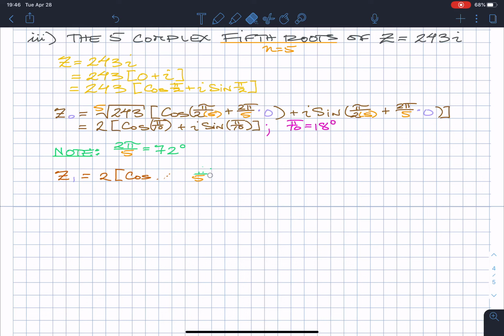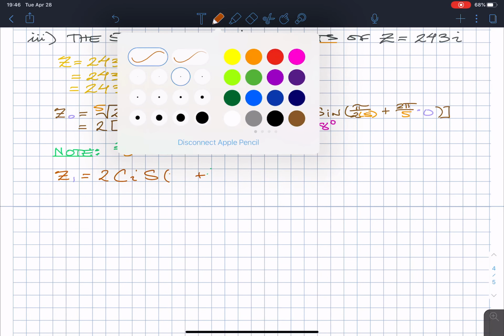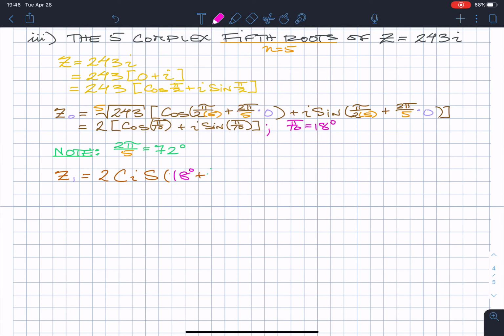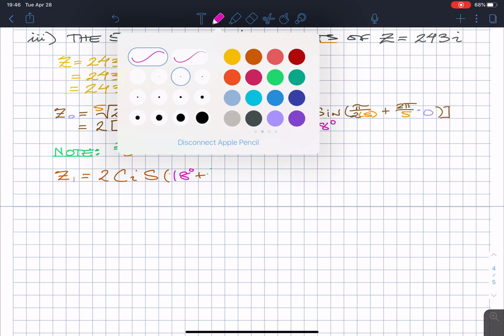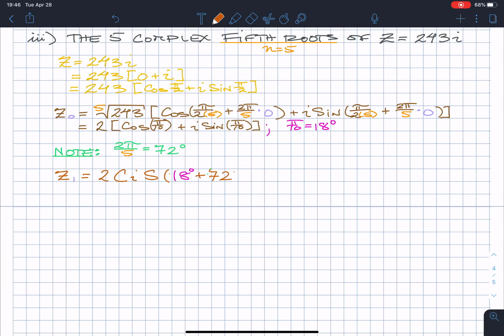Let's not go through all of this. So z1 will be 2 times cosine plus i sine of 18 degrees plus 72. So 18 degrees plus 72 is 90. So that's 2 cosine plus i sine of pi over 2.